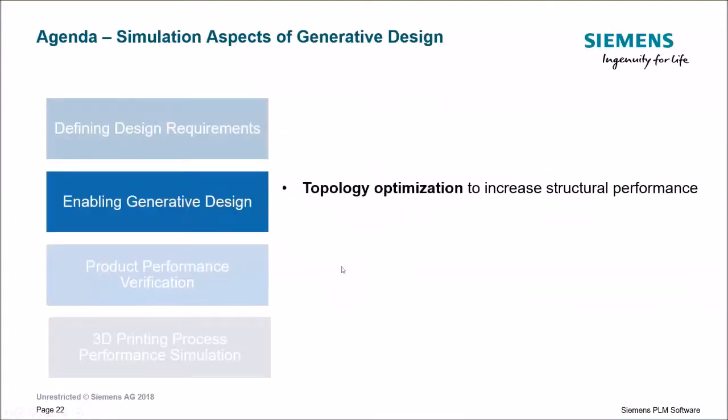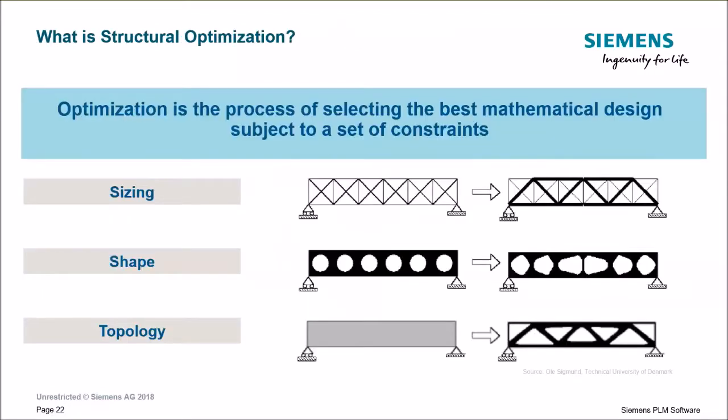So if we use this information towards generative design, then we have a larger, more complete context in which we can apply generative design to certain parts or to complete products. The first tool I'm going to show you is topology optimization, which is used to increase the performance of structural parts.